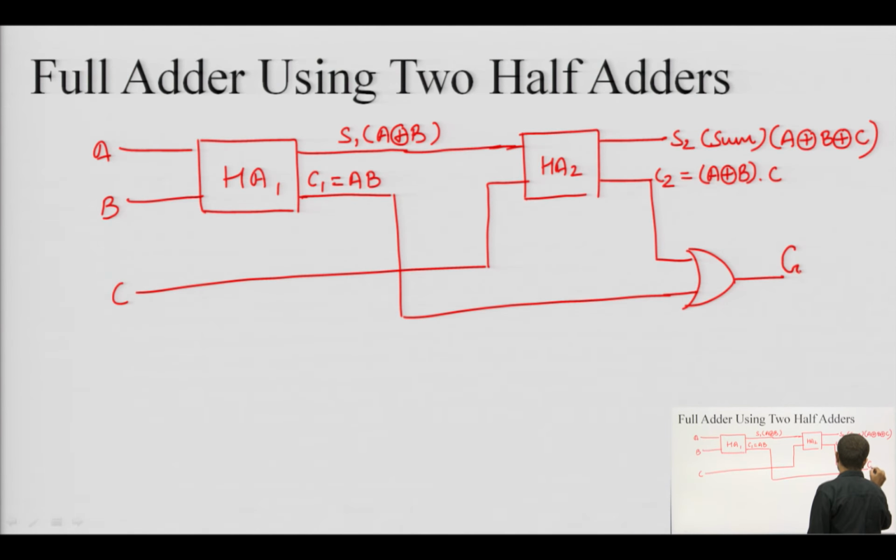So, this is my C naught, which is the sum of the first half adder's carry and this C2, the second half adder's carry.